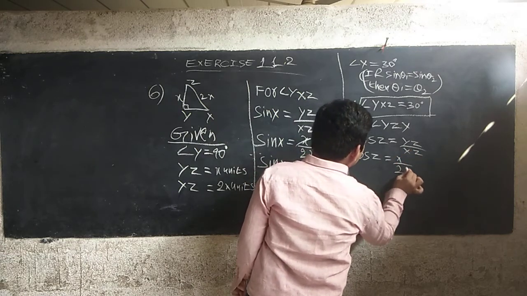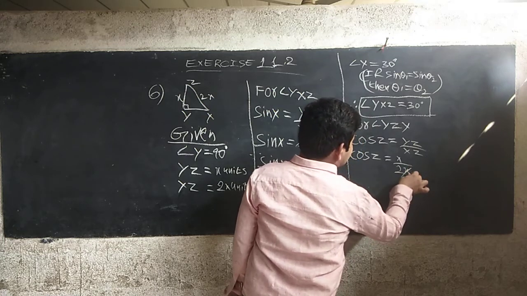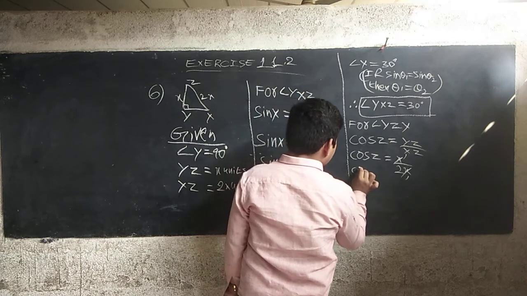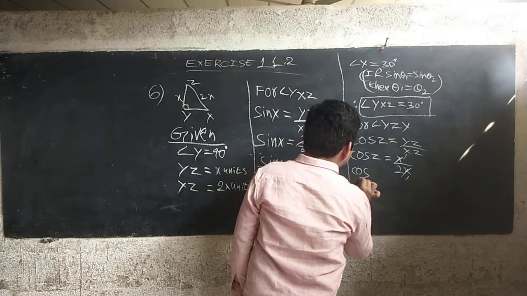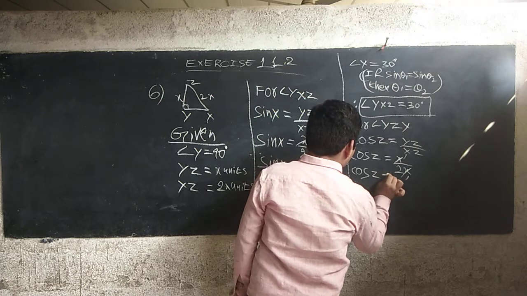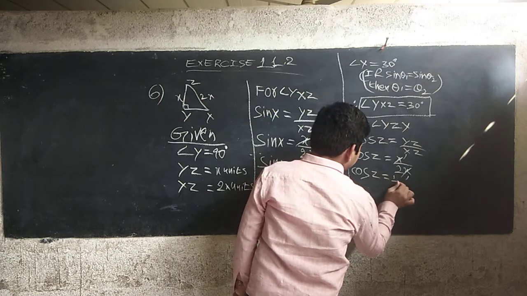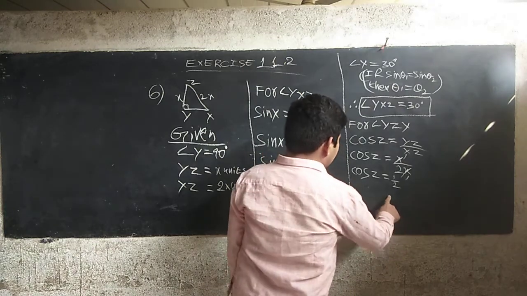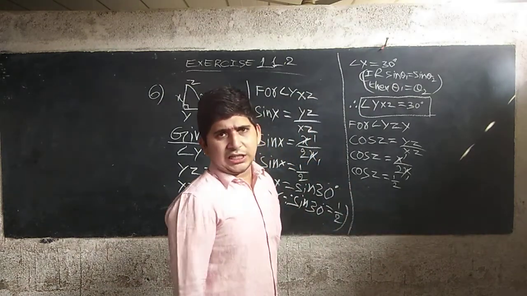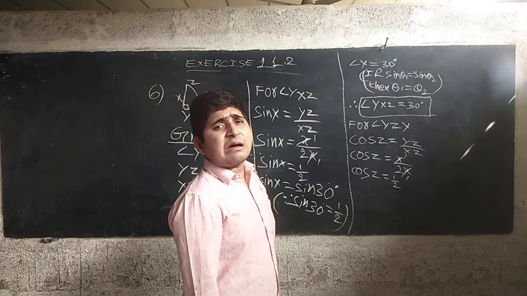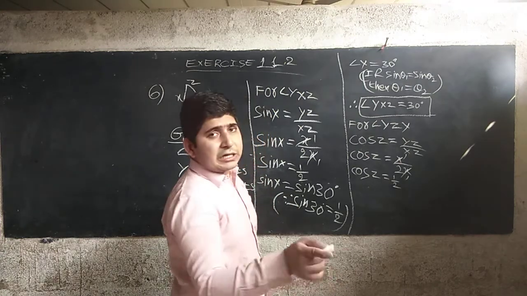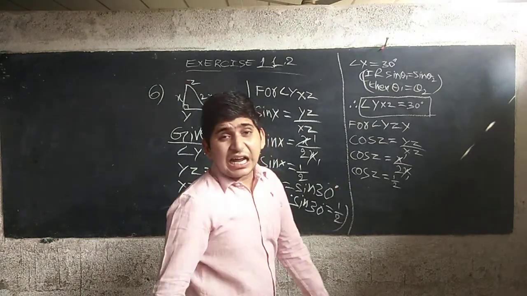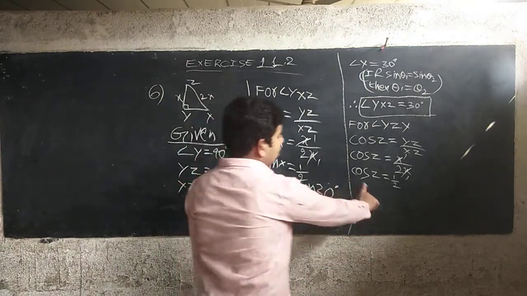Now x cancels, so cos z equals 1 by 2. 1 by 2 means what? Cos 60. Yes or no? In the trigonometry table, 1 by 2 represents cos 60. Why cos 60? Because here the cos function is available, so cos z equals cos 60.